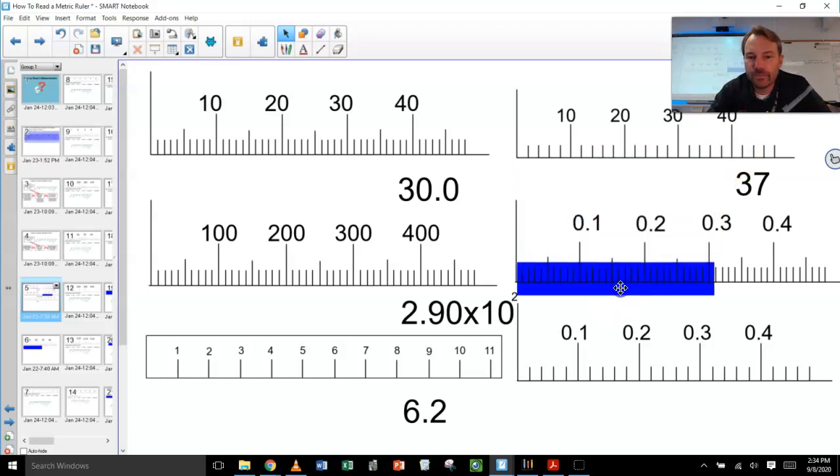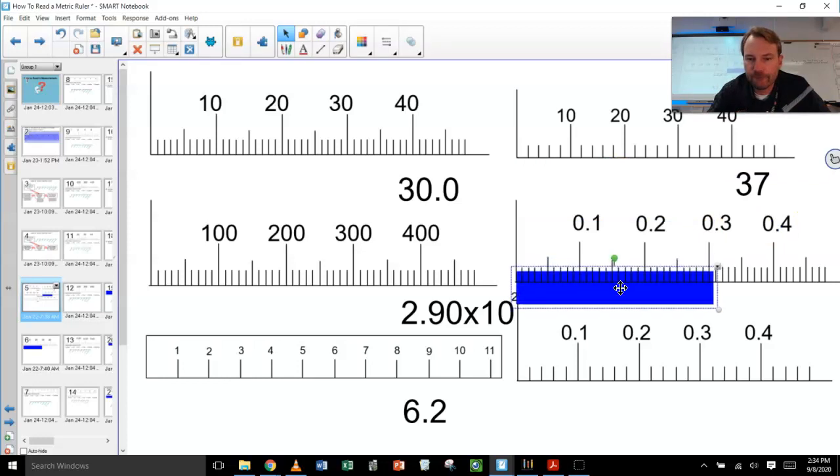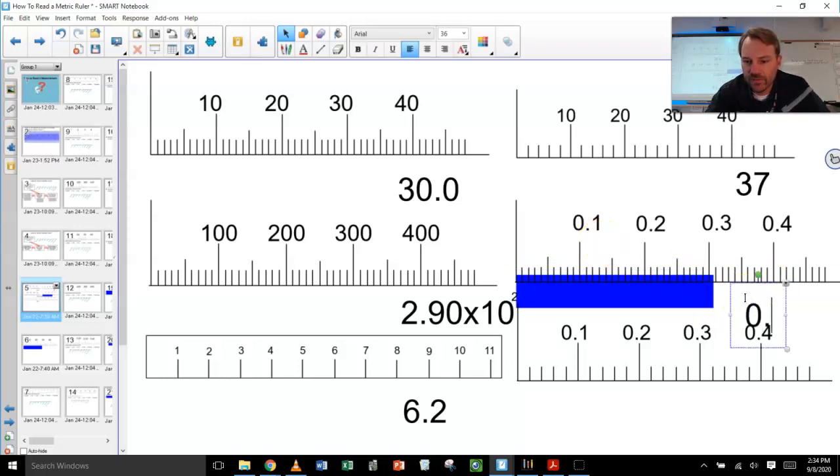Next one. Okay. 0.3. So it's 0.3 for sure. And now there are 10 divisions.